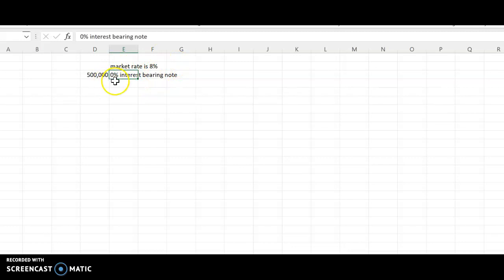So when the market is higher than the interest rate on the note, then we're going to get it at a discount. So this is a discount. And since we're going to pay it back in $100,000 increments, this is an annuity.